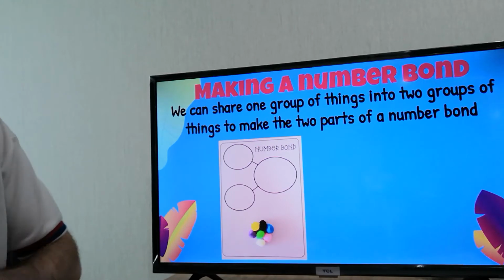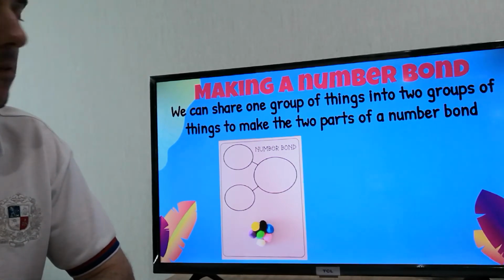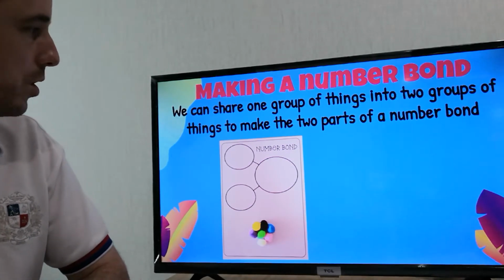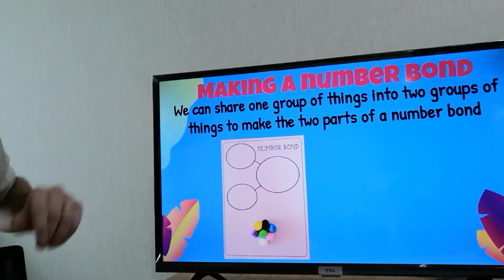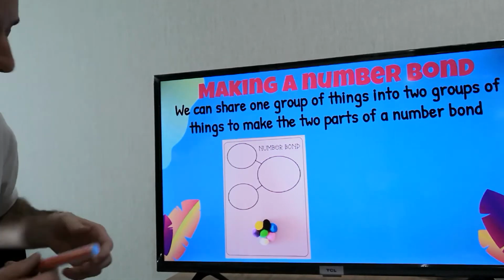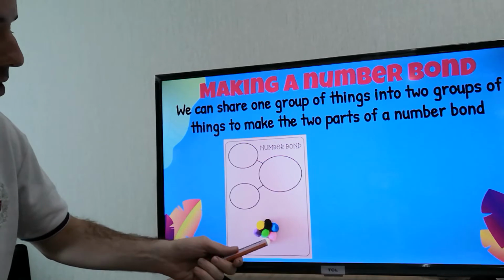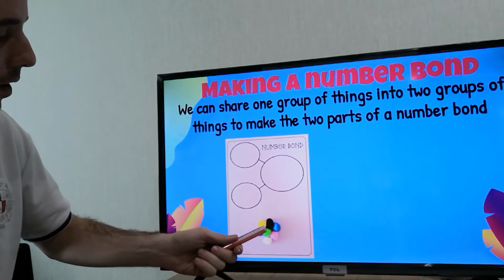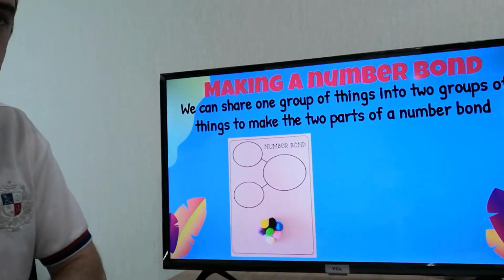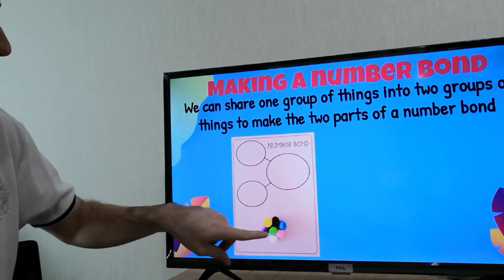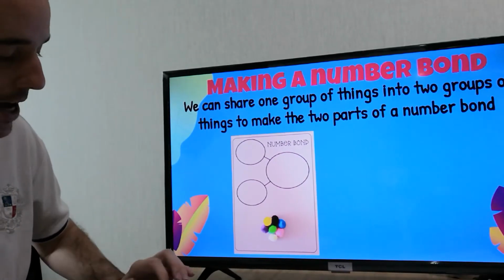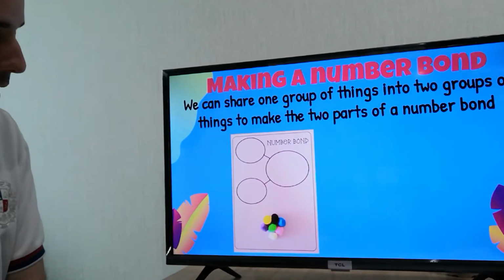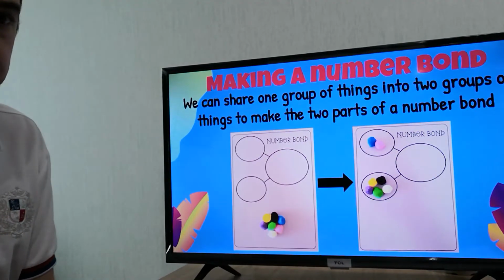So, we can share one group of things into two groups of things to make two parts of a number bond. So, for example, 1, 2, 3, 4, 5, 6, 7. I have 7 little balls and I want to make a number bond. I could do it like this.